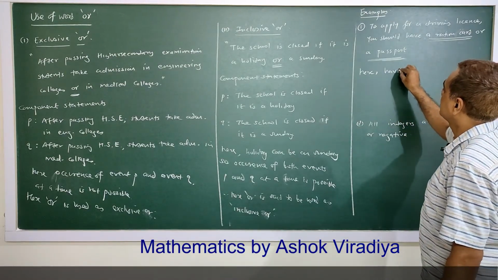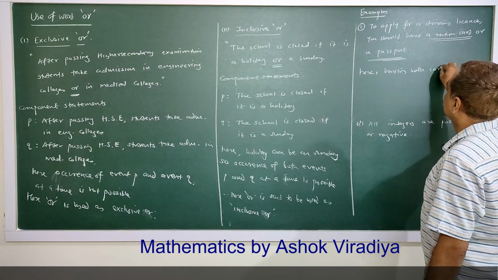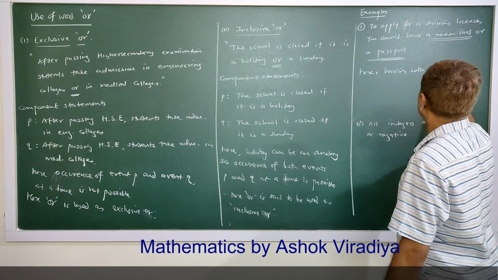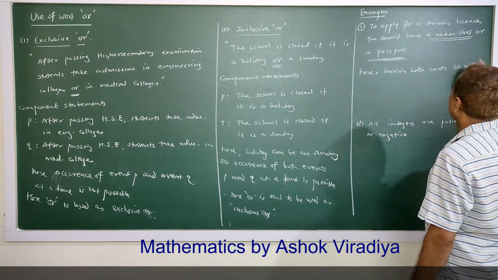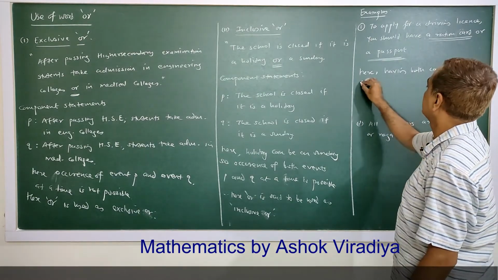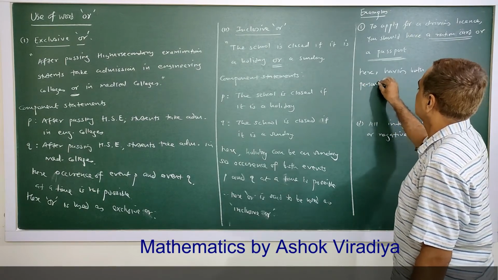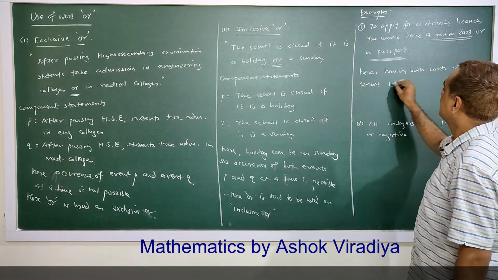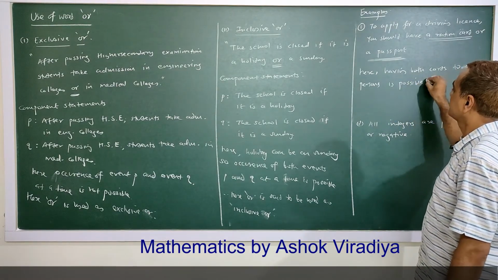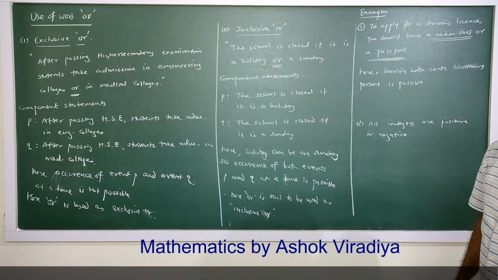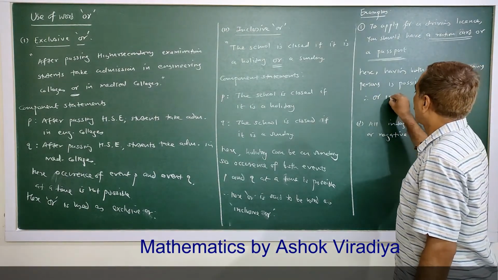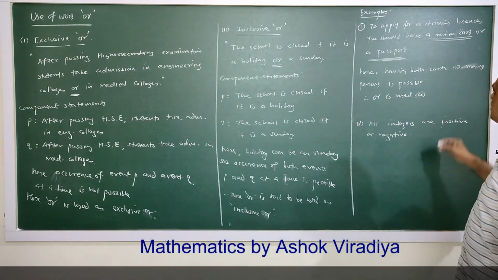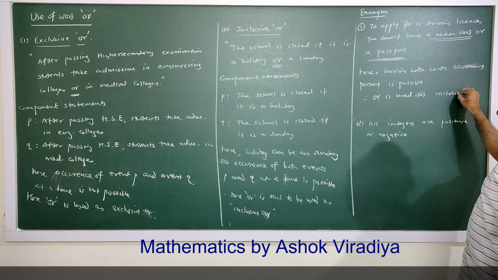Having both cards at a time to any person, to many persons is possible, meaning occurrence of both events is possible. So here OR is used as inclusive OR.